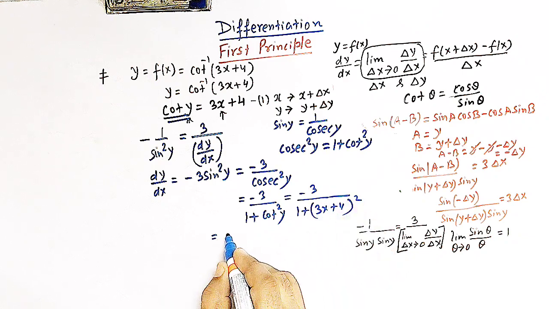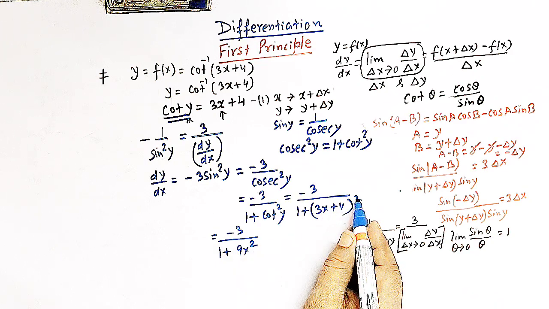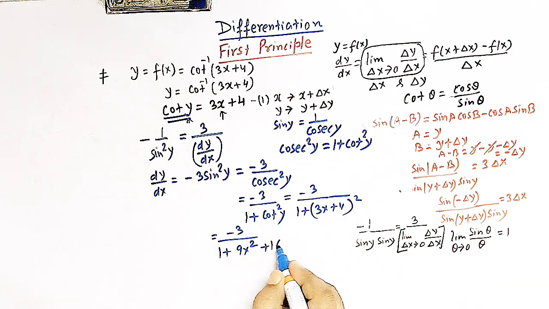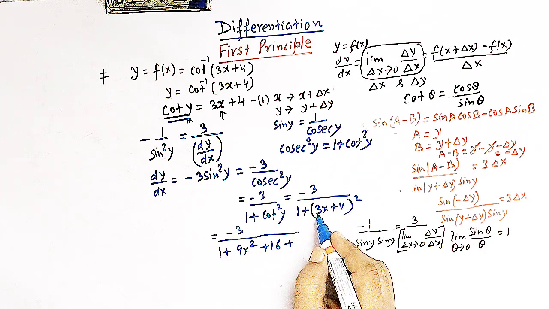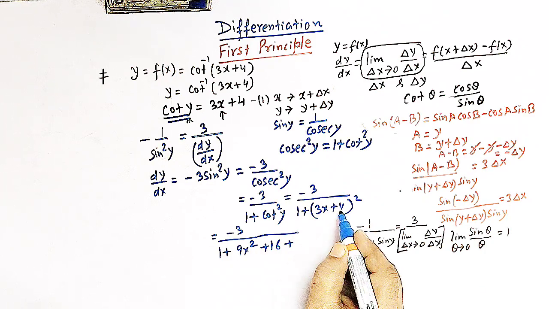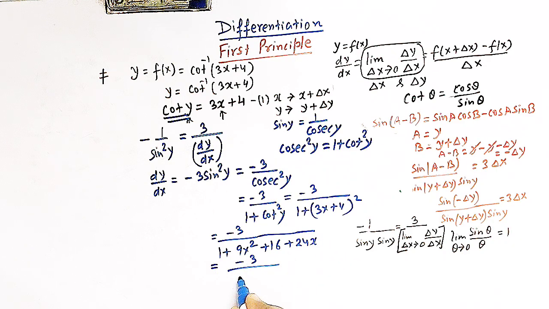So we have minus 3 over 1 plus 3x plus 4, and here we have a square. Right, so this is minus 3 over 1 plus 9x square, a plus b whole square, then we have 16, 4 square, and then 2ab, that is 2 times 3 6 times 4 24x. So this is minus 3 over 9x square plus 24x plus 17.